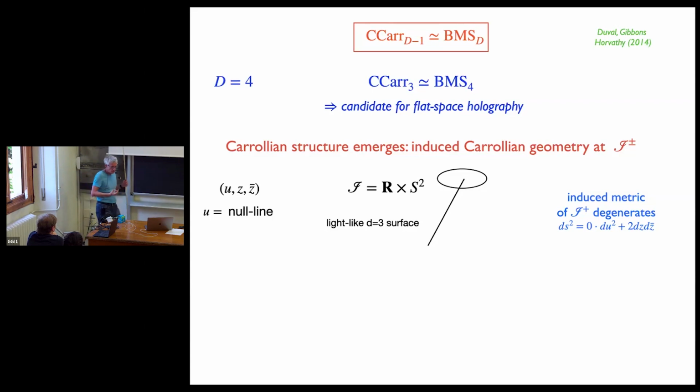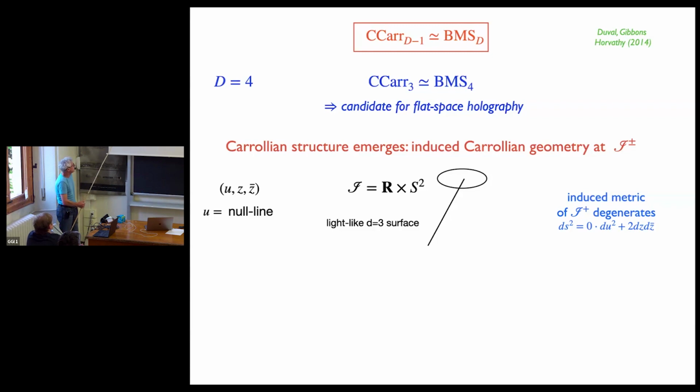This group is as important as the conformal group on the celestial sphere, because it can equally describe the asymptotic symmetries in 4 dimensions. That's why we want to investigate this Carrollian conformal field theory.